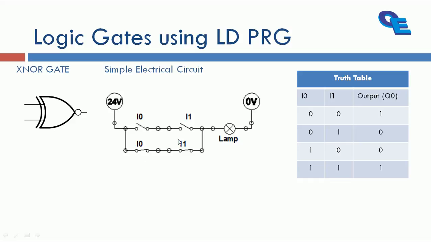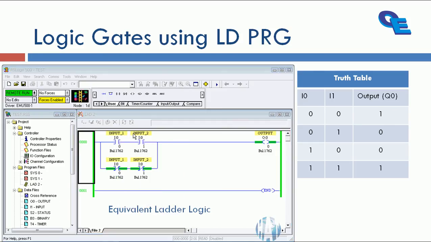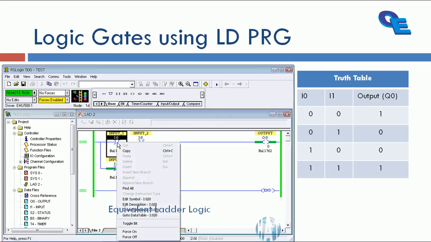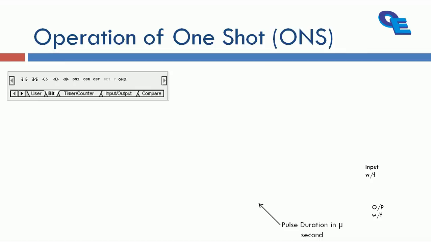Means now the circuit is completed through this rung, but this will be getting open. Now let's see the equivalent ladder diagram for the XNOR gate here. Here it is. Now two normally closed and two normally open are in parallel.